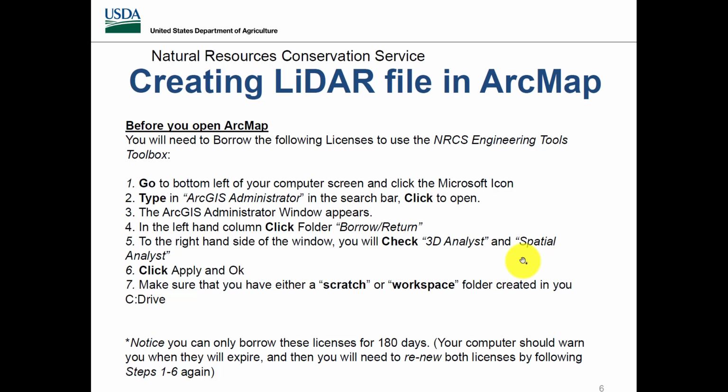The ArcGIS Administrator window will appear. In the left-hand column, click Folder, Borrow, Return. On the right-hand side of the window, check 3D Analyst and Spatial Analyst. Go ahead and click Apply and OK.